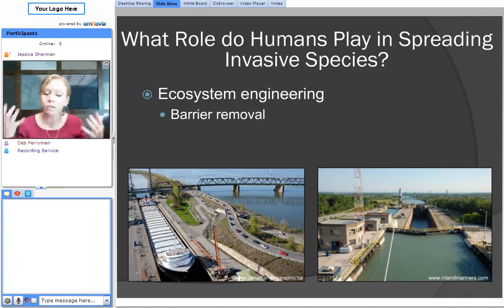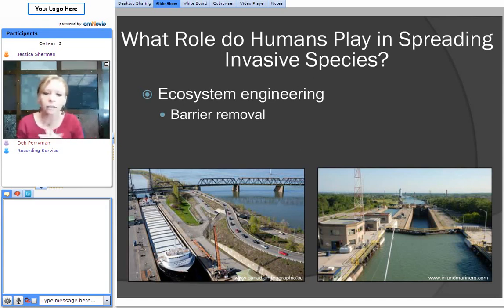And so they built this very extensive canal system that would bypass a lot of the islands and the changes in the rivers like waterfalls. So they want to be able to bypass that. So in the bottom left picture, what you can see is that this is the canal system on the left. The river is actually on the right.